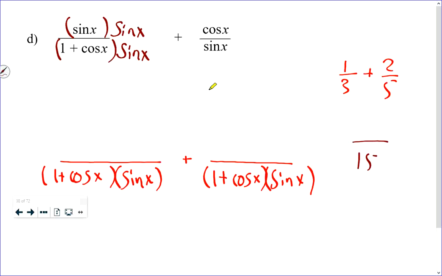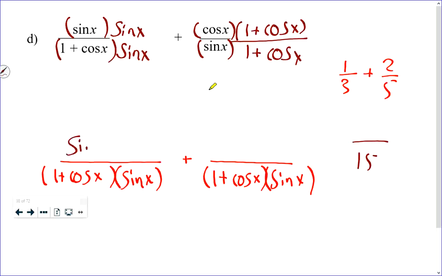And I need to multiply the top and the bottom of this by 1 plus cosine of x. And what I get is sine of x times sine of x over our common denominator plus cos of x times 1 plus cos of x over our common denominator.